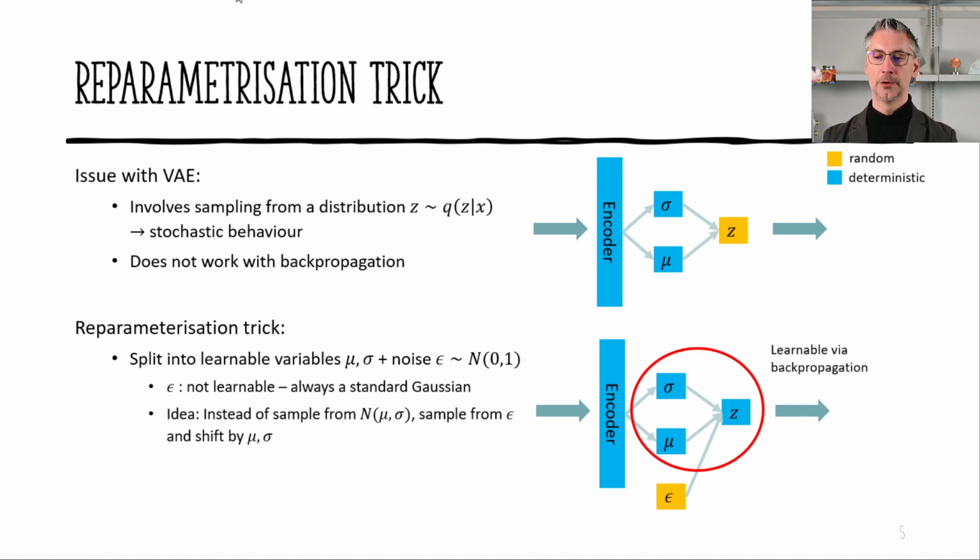So the noise will not be learnable, it's always a standard Gaussian, but what we want to do is, instead of sampling from this, we sample from this noise and shift it by the mean and sigma. So essentially, this reparameterization trick makes it more accessible for our network to separate the parameter that we need to learn from the noise.